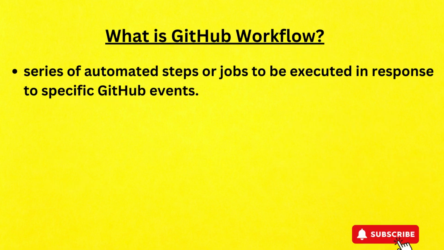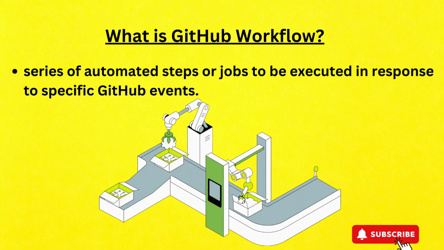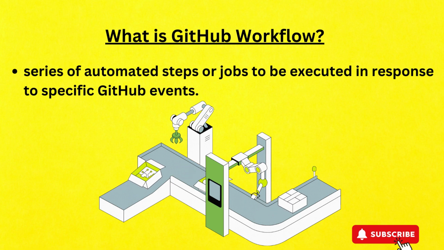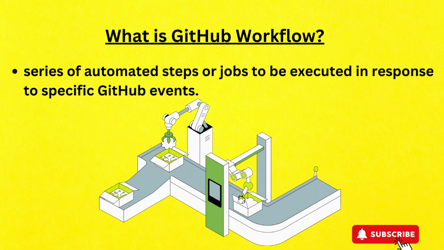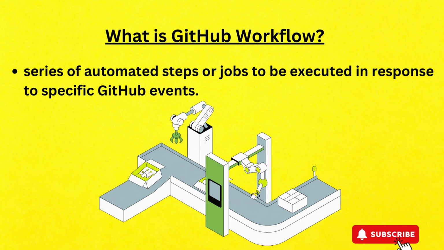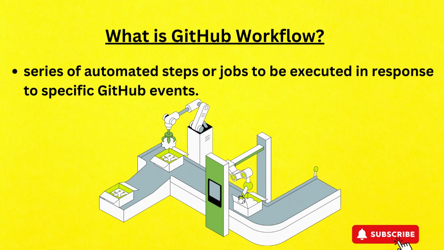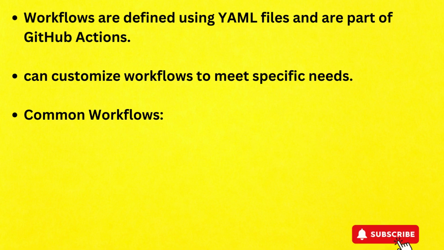Now, we will see what is GitHub Workflow. A GitHub Workflow is a set of instructions that automate processes like building, testing, or deploying our code in response to events like push or pull request. These workflows are defined using YAML files and as part of GitHub Actions.